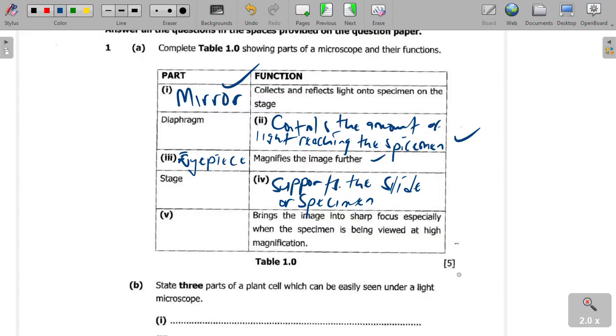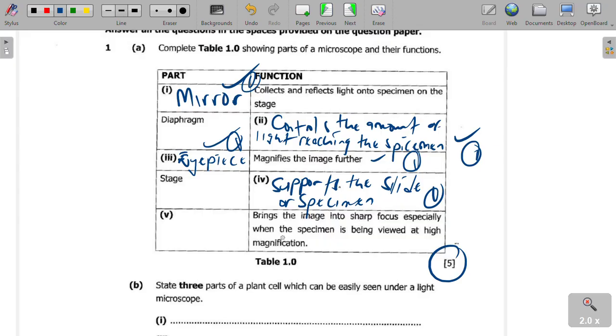Very important. And how many marks are you given here? Only 5 marks: 1, 2, 3, 4, 5. 1 mark here, 1 mark there, and the last one you are also given 1 mark.